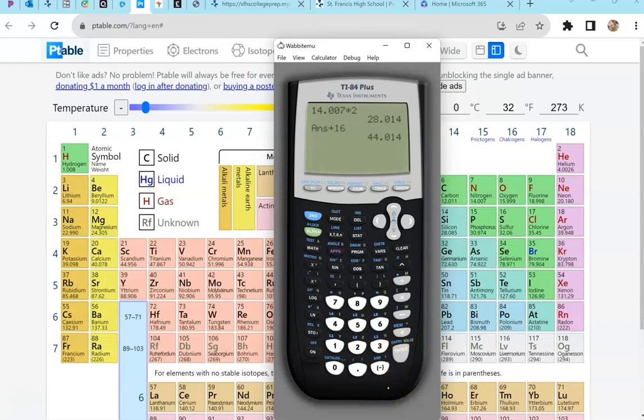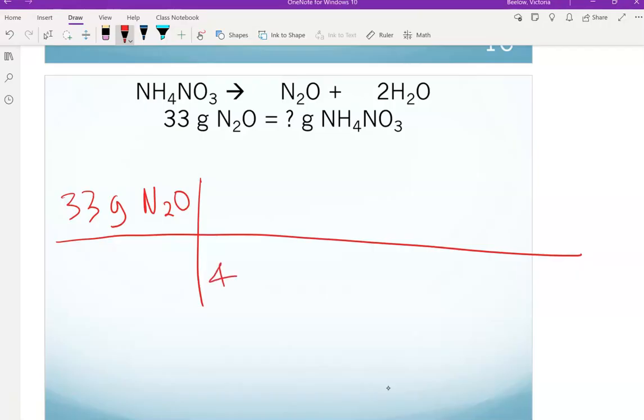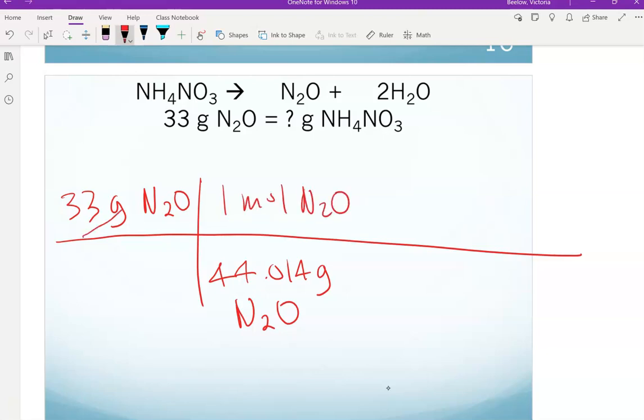So 44.014. Again, this is grams, that's what I just calculated, molar mass. And since this is molar mass, this is equal to 1 mole. So all I've done so far is convert grams into moles.